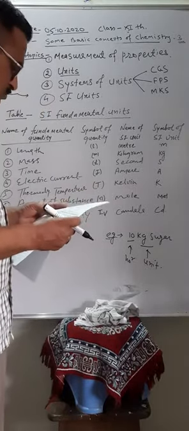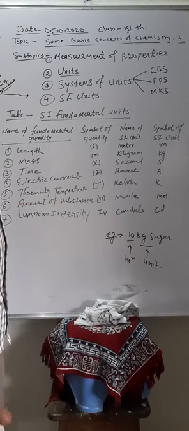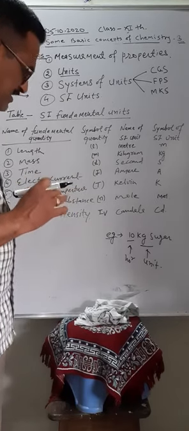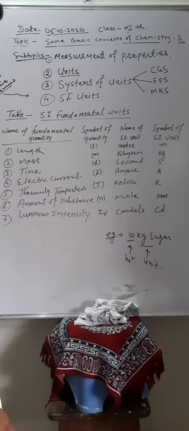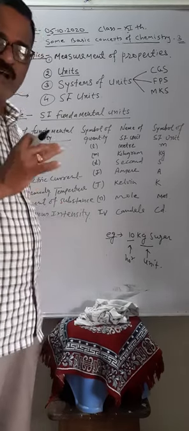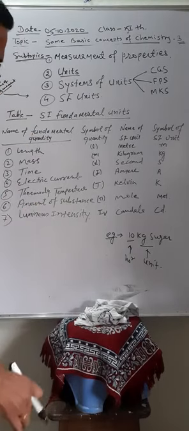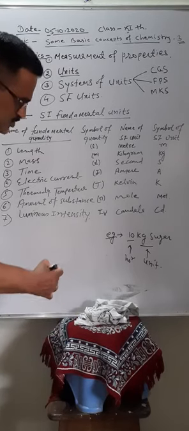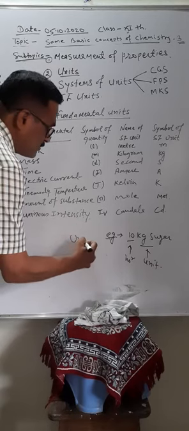So therefore we can say that to measure the properties or to quantify the property, standards are used. The standards which are chosen for the measurement of properties are nothing but they are called units.